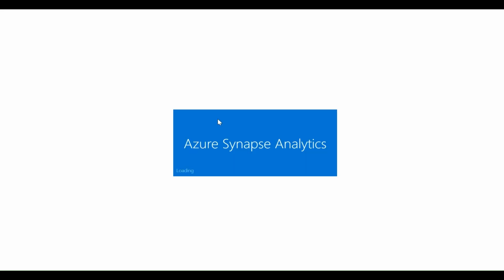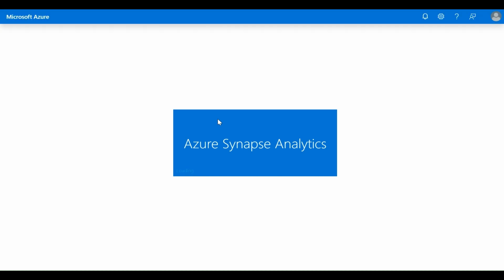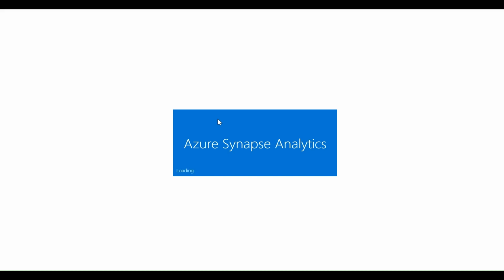Now click on it. Yeah, I will be navigating to Synapse Studio, which is a web-based interface that you can use to work with the Azure Synapse Analytics workspace. Okay, this is a web-based interface we can open.